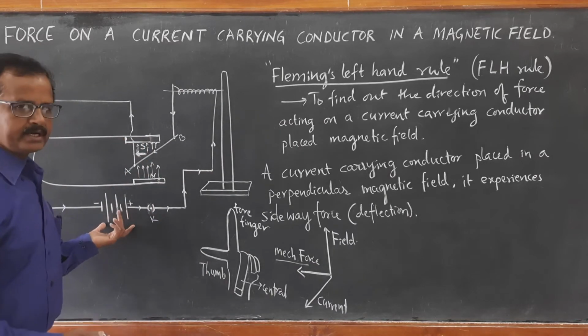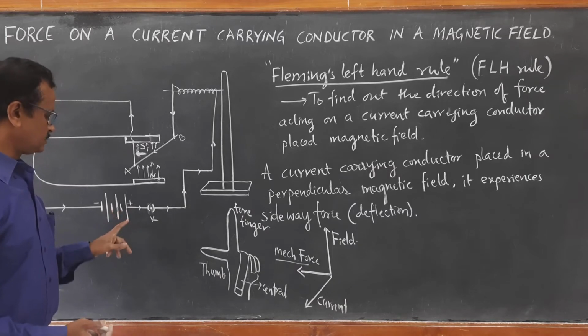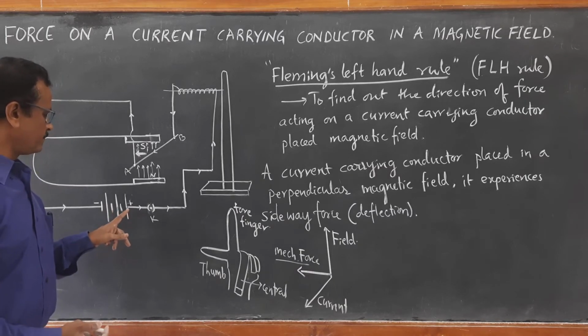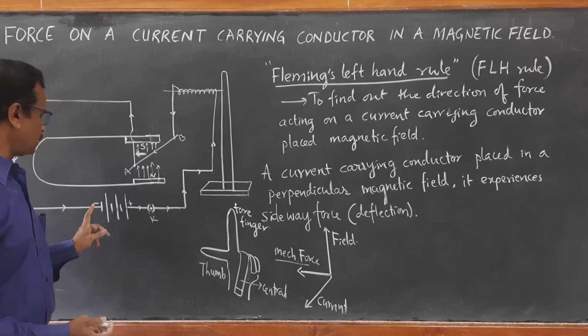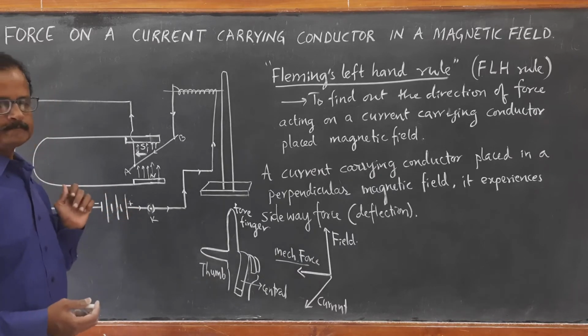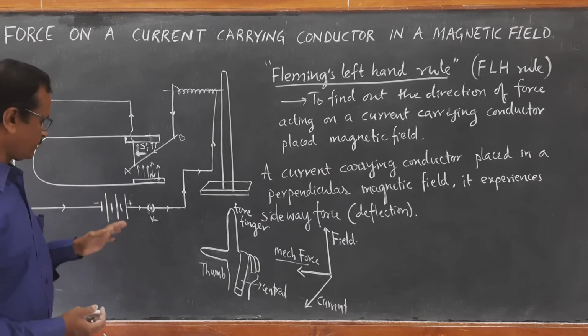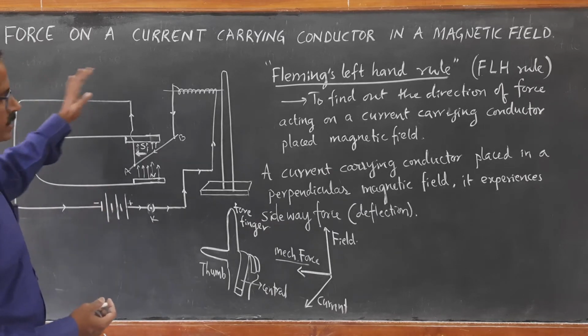Suppose I change the polarity of the battery. This one I am connecting to the negative terminal, and this one to the positive terminal. If the polarity is changed, then what happens? The current starts flowing in the reverse direction.